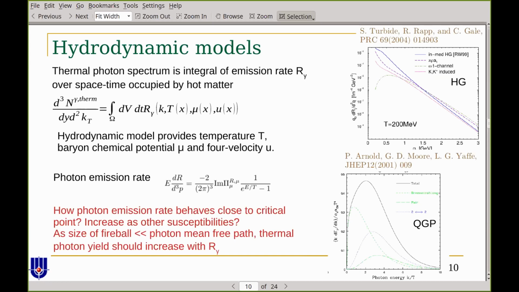So my second question to the community: can we estimate what happens with the emission rate when we get closer to the critical point? Then we can make some quantitative estimate of what happens with the direct photon yield as the system goes closer to the critical point during its evolution.